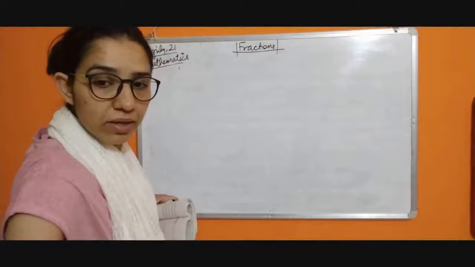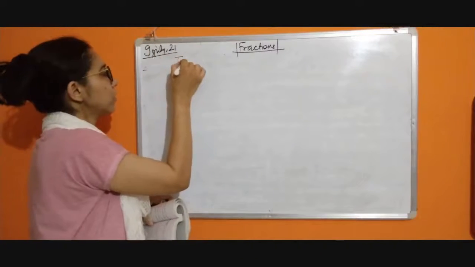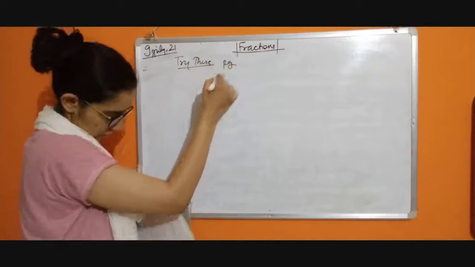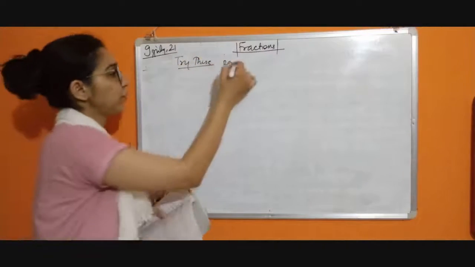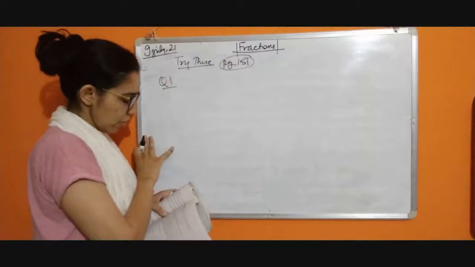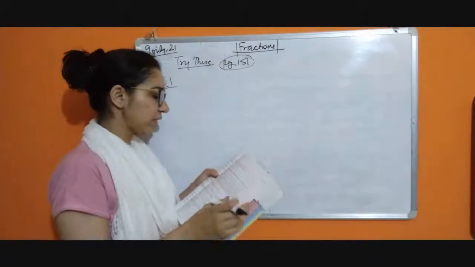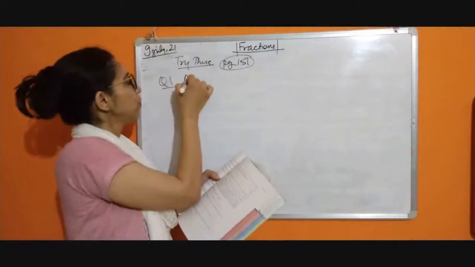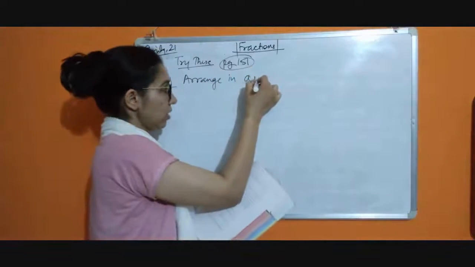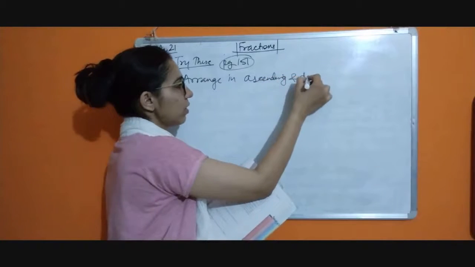So we are doing Try These now, page number 151. The first question is, we have to arrange the following in ascending and descending order, and there are three parts of it.